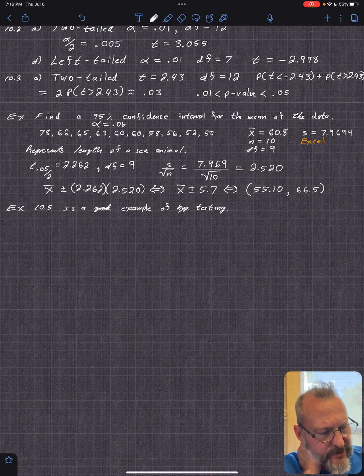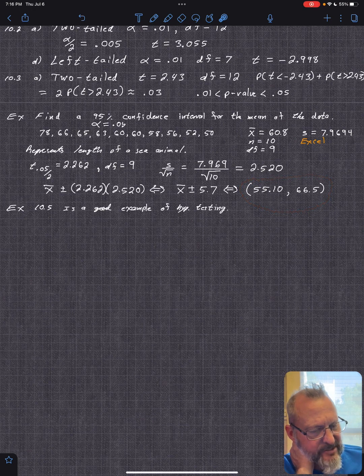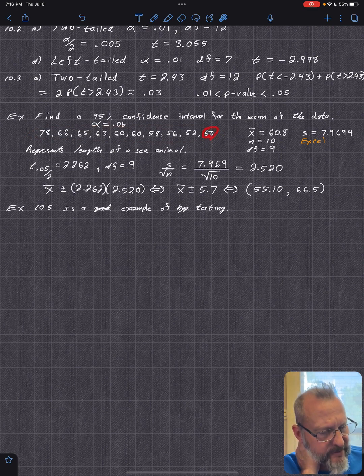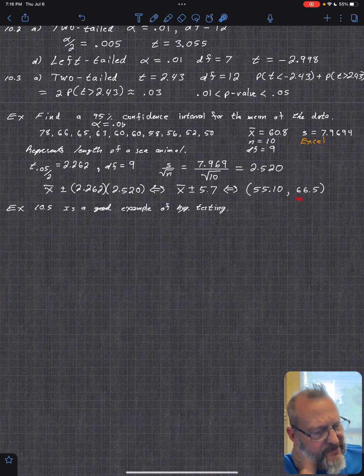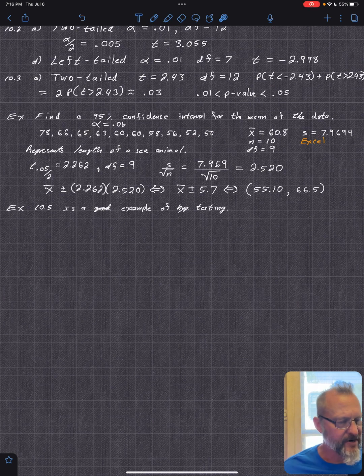And then I always want you to do this. Anything in mathematics, word problems, does it make sense? Does this confidence interval make sense? Does it look like it worked for this data? Okay, and so it goes down to 55 points. Is there anything below that? Yeah, here's one below it. Here's another one below it, but everything else is in the interval, or on the other side. Anything above 66.5? Well, it looks like it's just 78. So there's only 1, 2, 3 data points in this case that are not in the interval.